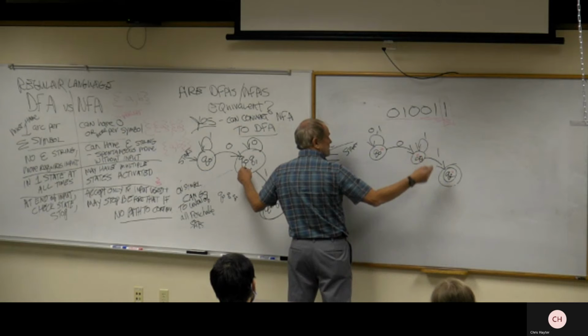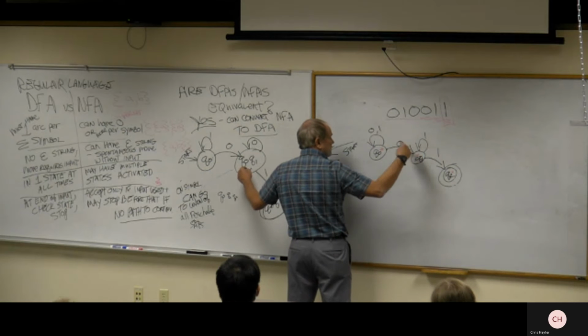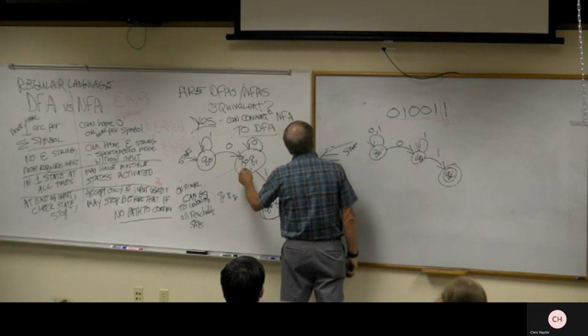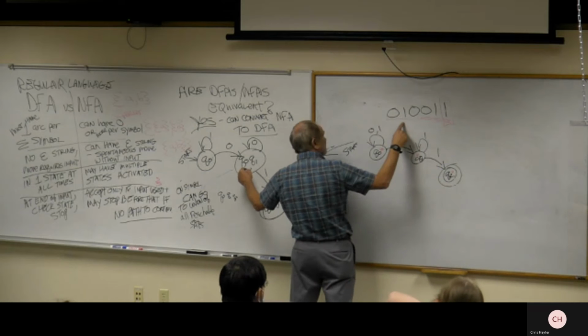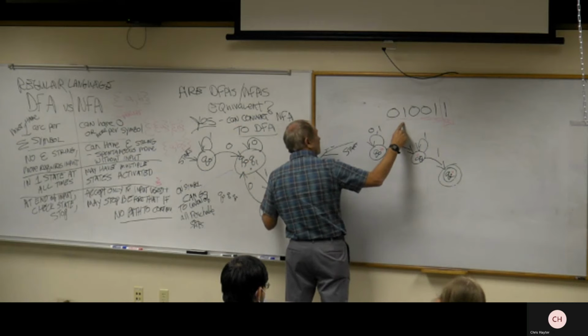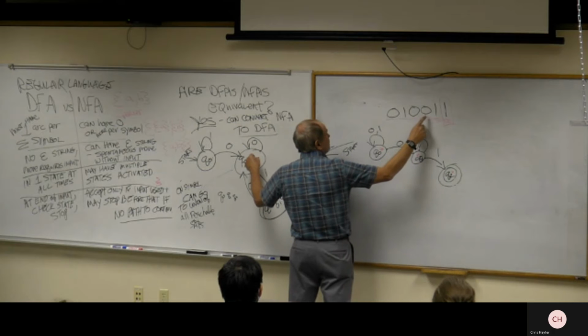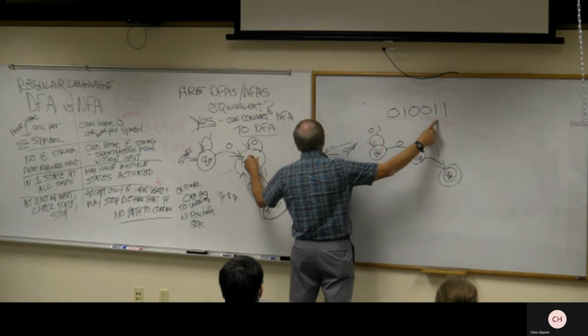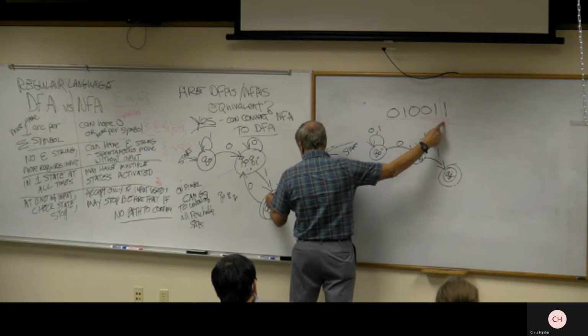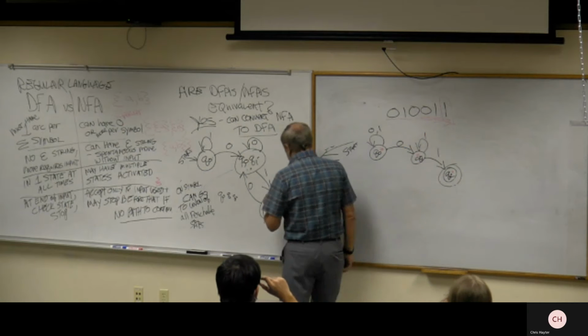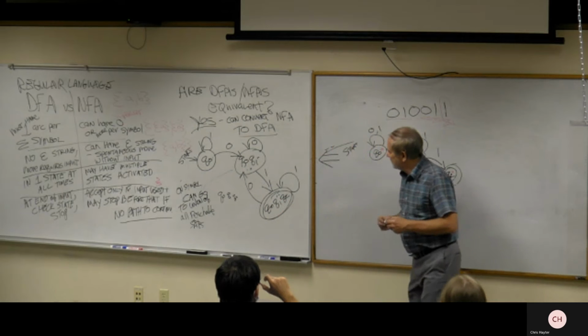We know that in a series of 1s, we can have 0s, 1s, followed by a 0, any number of 1s, and we're done. So back to, we did 0, 1, 0, another 0 stays here. That 0, then a 1, another 1, and we end up in accept state.